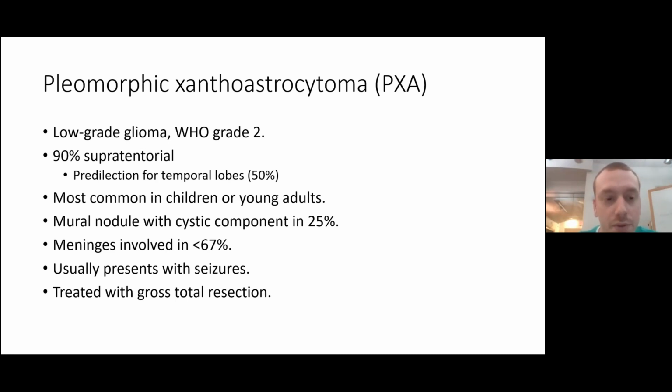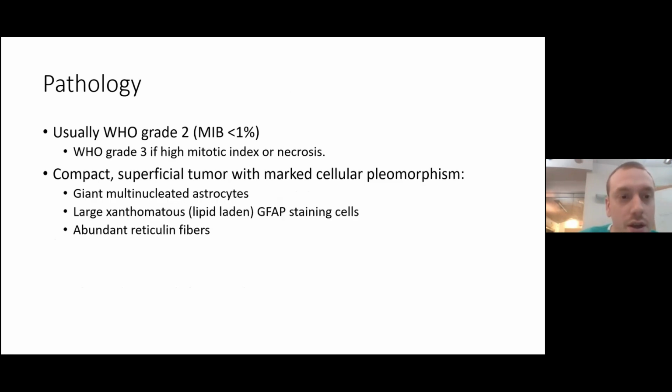They usually present with seizures, and treatment is gross total resection. As mentioned before, WHO grade 2, but can be WHO grade 3 if they have a high mitotic index or the presence of necrosis. There are giant multinucleated astrocytes, and they have lipid-laden cells, as I mentioned on the pathology slides. They stain positive for GFAP, and they have abundant reticulin fibers.